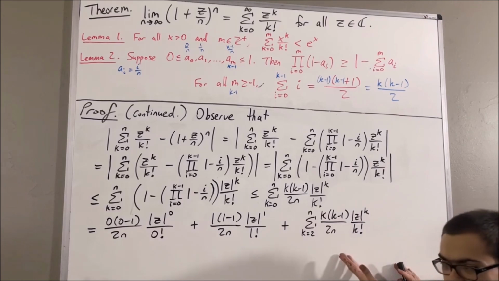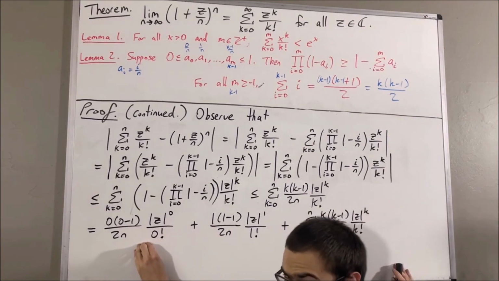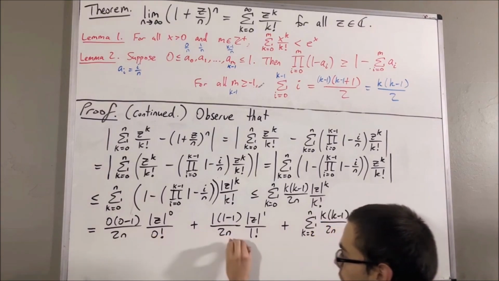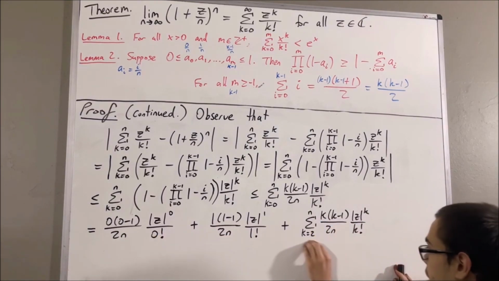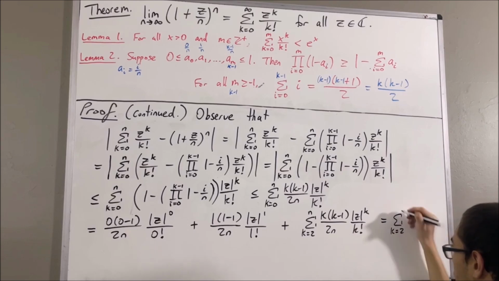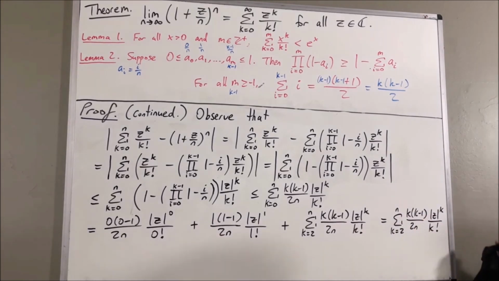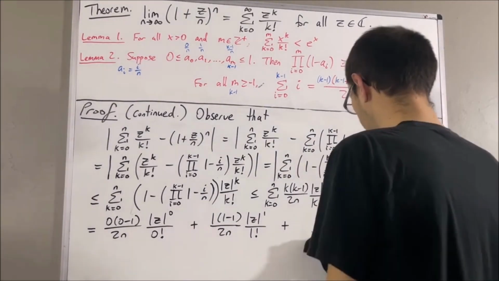We get this, right? This was the k equals 0 term, this was the k equals 1 term. But notice, both of these are equal to 0, so we're just left with this. Now at this point, let's move back up to the top.